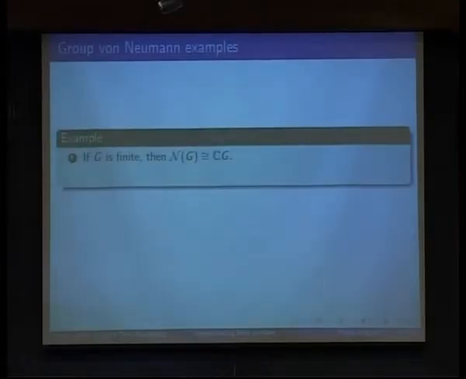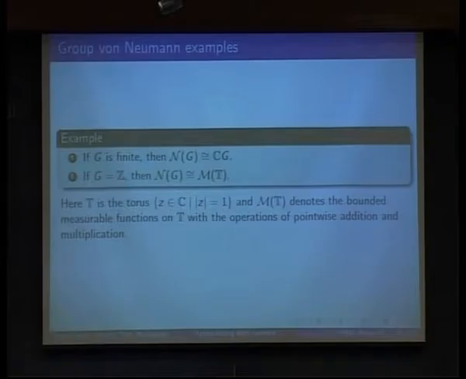For example, if G is finite, the group von Neumann algebra is just the complex group ring. If G is Z, then the group von Neumann algebra is just the measurable functions on the torus, and the operation is pointwise multiplication and addition.